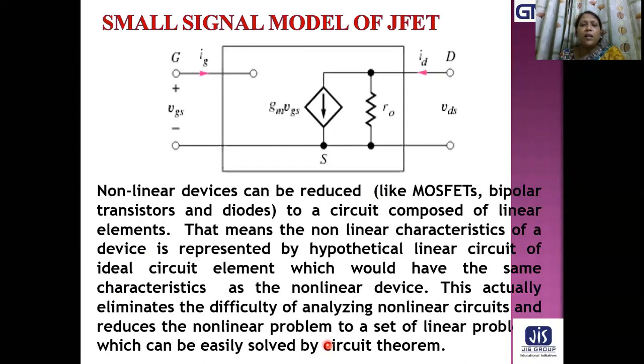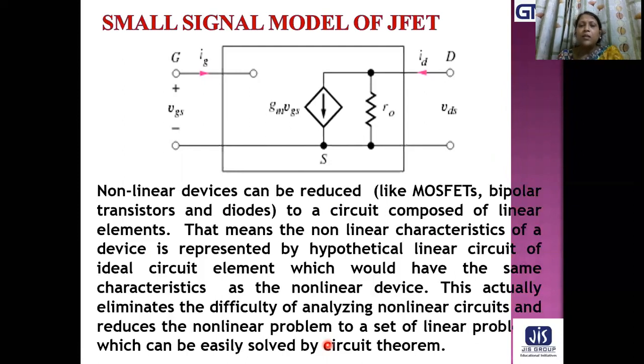Now, the small signal model of JFET. For the small signal model, we don't have to consider the capacitance effect because a capacitor is open when the frequency is low. So nonlinear devices can be reduced to a circuit composed of linear elements.